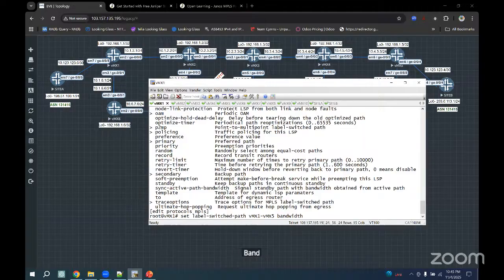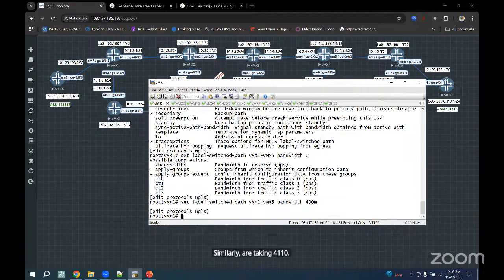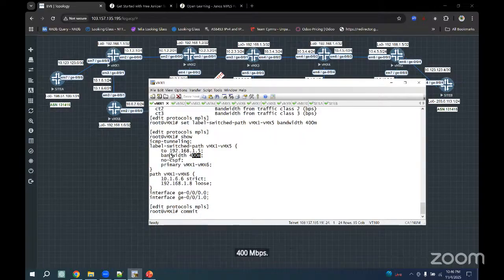You can assign the bandwidth value. Similarly, we are taking 400 Mbps. So here 400 Mbps is configured.